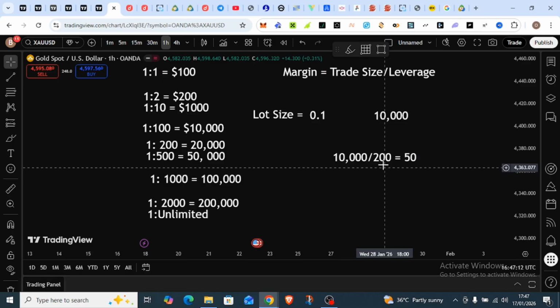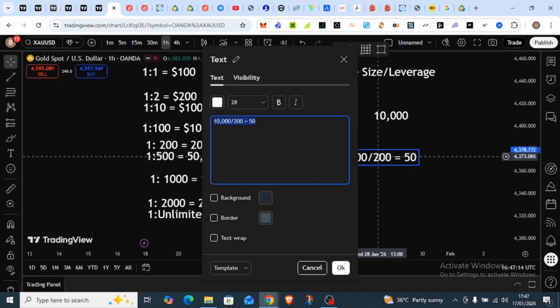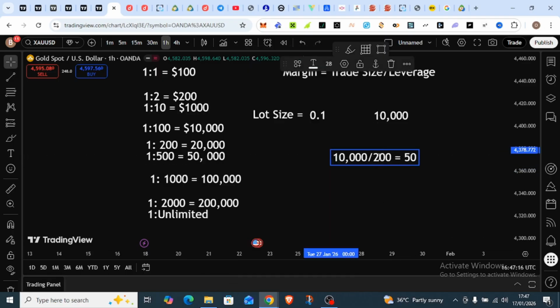So let's also check for 500 and know the margin we need there. If we use leverage of 500, we just divide the 10,000 units by 500 to know you have $20. Just need a margin of $20. So if you try 2,000, let's say we divide 10,000 by 2,000.